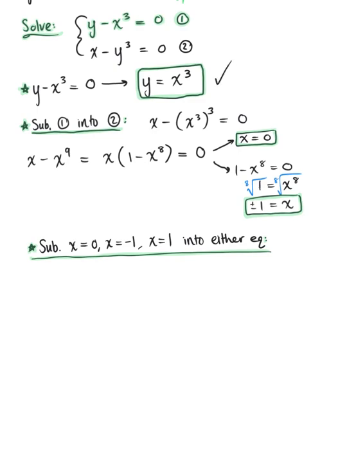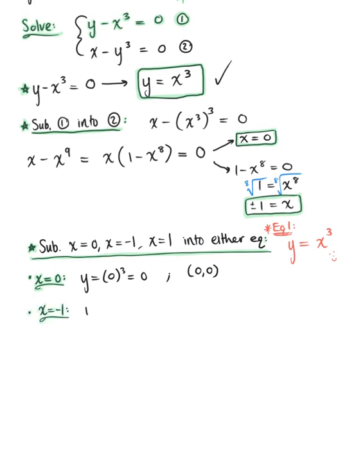So let's use that. We have three cases here. When x is equal to 0, y is going to be equal to 0 cubed, which of course is 0. So one potential critical point is 0, 0. When x is equal to -1, we have y is equal to -1 cubed, which equals -1. So a second potential critical point is the ordered pair -1, -1.